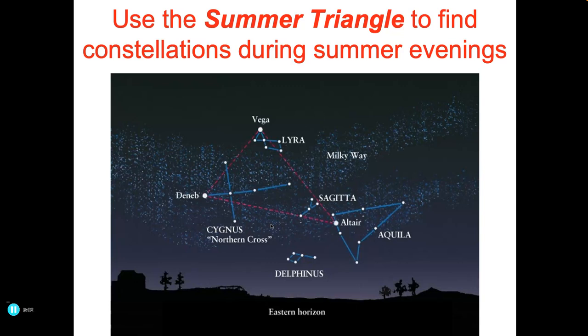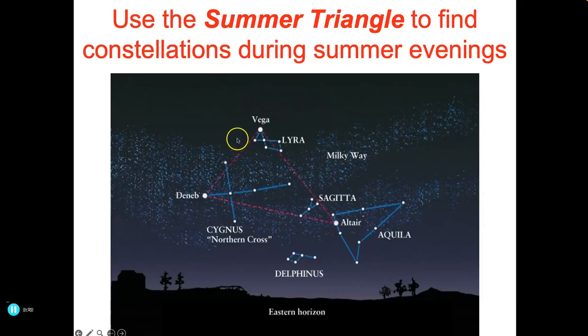In the summer, up in the sky all summer long is the summer triangle. It's Deneb in the constellation Cygnus, Vega in the constellation Lyra, Altair in Aquila, and this big triangle of bright stars is up in the sky all summer long. Notice what I just said. Altair in Aquila, Deneb in Cygnus, Vega in Lyra, right?